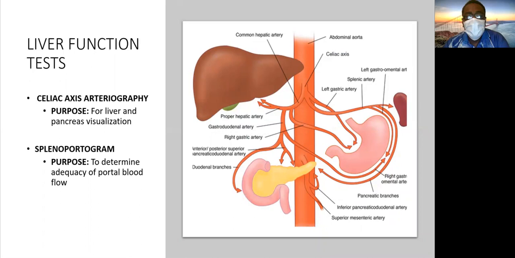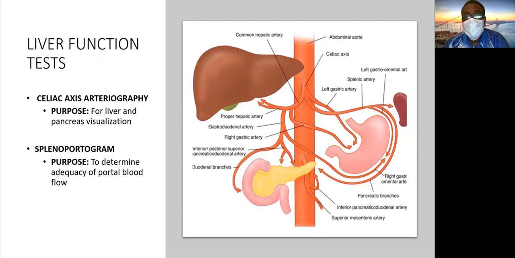We can also carry out a celiac axis arteriography. It's also done for liver and pancreas visualization, and uses a contrast media of organic iodine. Like we said, ask the client about any allergies before you administer the dye. Anaphylaxis is also common.